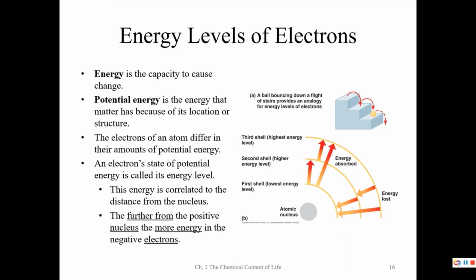Sometimes we can refer to the shells as an energy level, because the electrons in the first shell have the lowest energy level, the second is kind of middle. The outermost shell is always the highest energy electrons you can get. So the further from the positive nucleus that is pulling electrons inward, the more energy those electrons have. Okay?